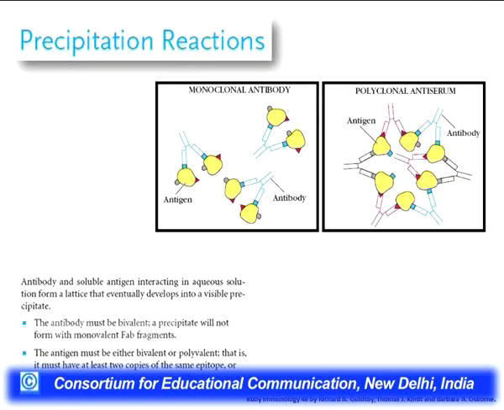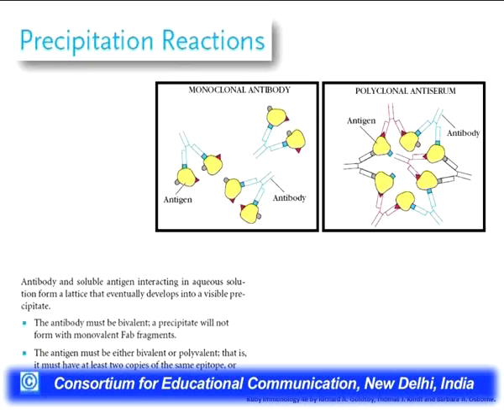In the case of the polyclonal antibody, there are different types of antibodies, all of which attach to the epitopes of their interest, forming a mesh-like structure which gives a visible precipitation. So this basic principle of the precipitation reaction was used over here.